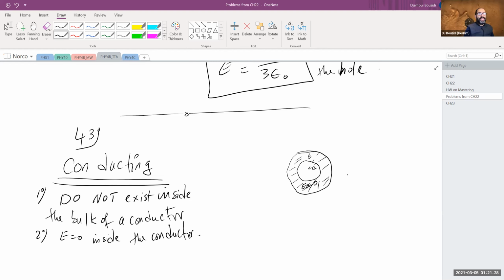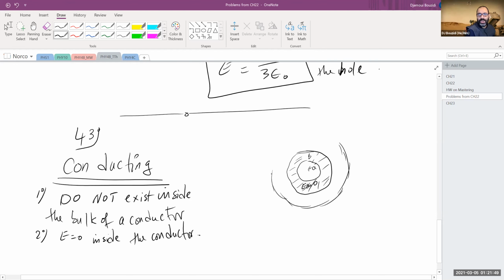It is concentric, meaning it has the same center. So this is the center with another shell, with inner radius C and outer radius D, conducting also. The other one also is conducting. So I have to draw a sphere. This is not a circle, by the way.